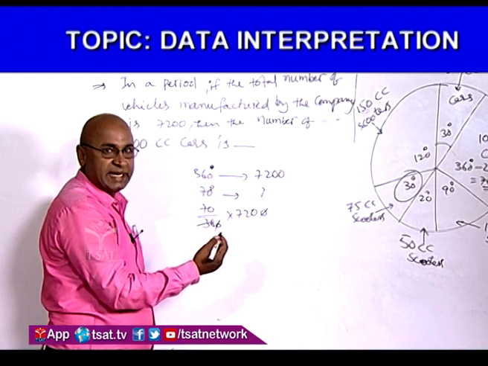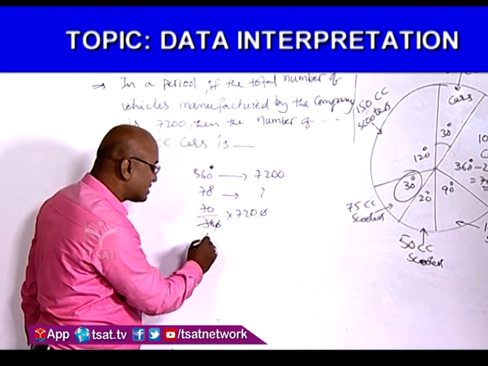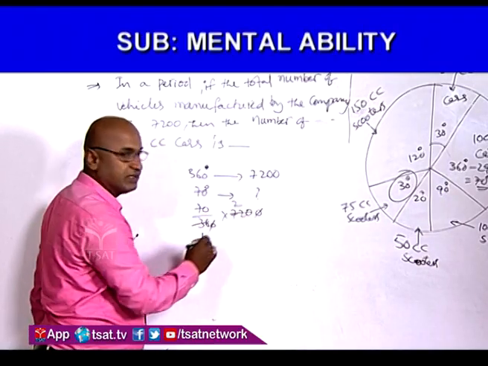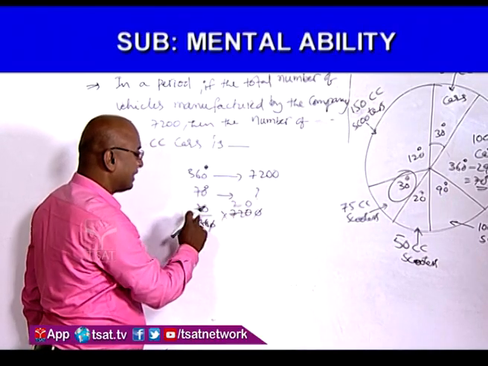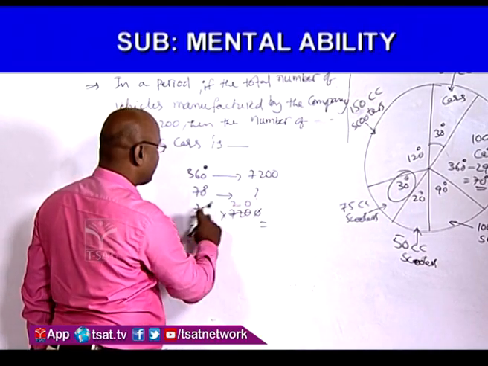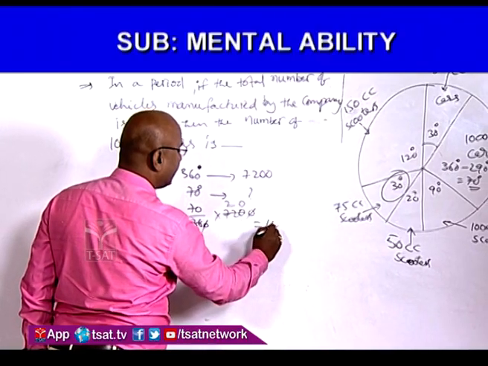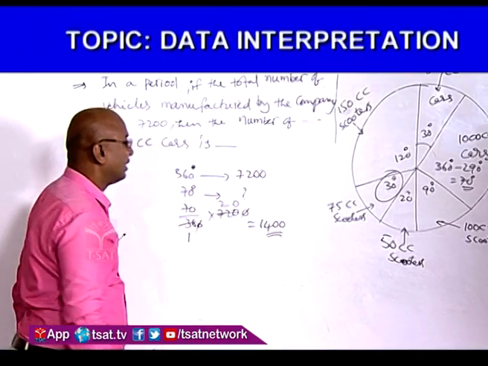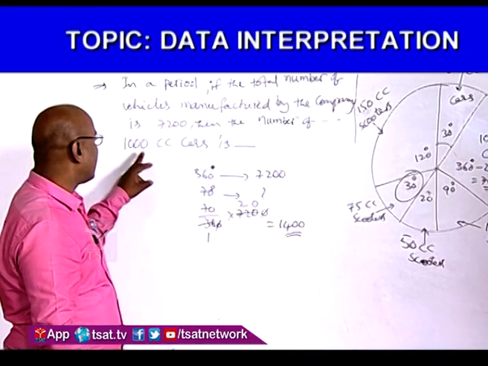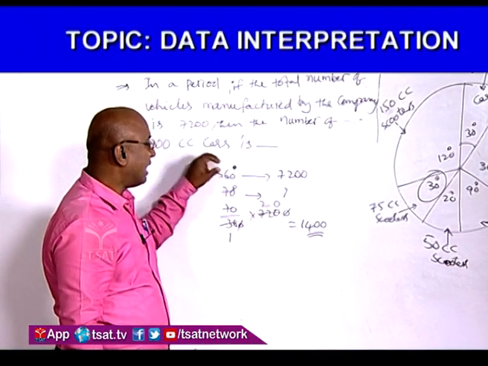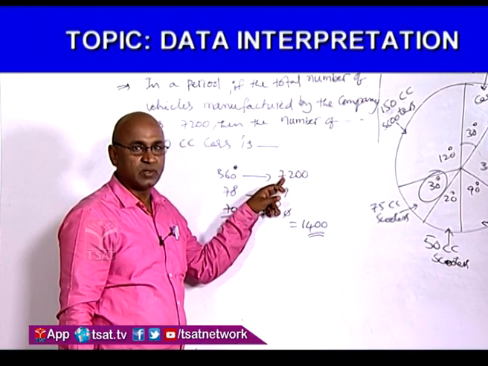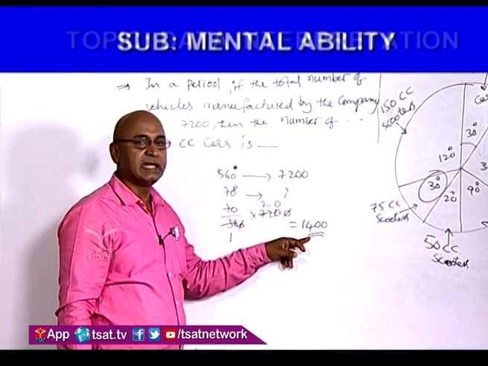Or 36, we can cancel directly too. 36 ones, 36 2s are 72. So 1 0 is there. 70 into 20, that is 7 2s are 14. 2 zeros are there. Now the total number of 1000cc cars among the total production of 7200 is 1400.